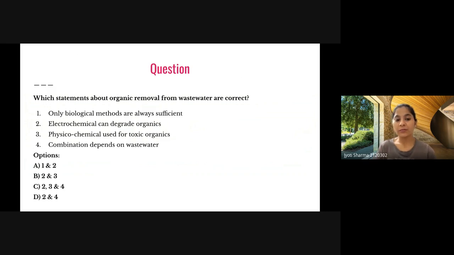So let's say you have wastewater containing organic matter, and you want to remove that organic matter. What different processes can you follow to remove organic matter from wastewater? Any guess?